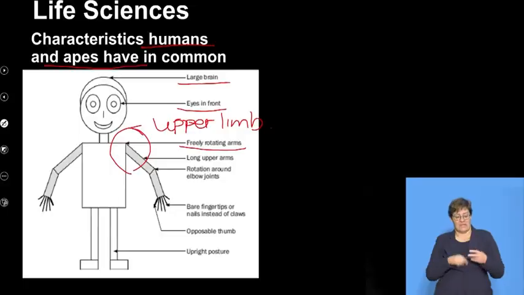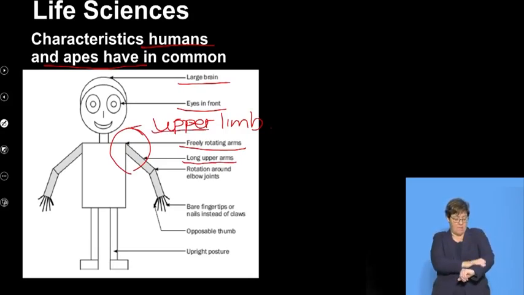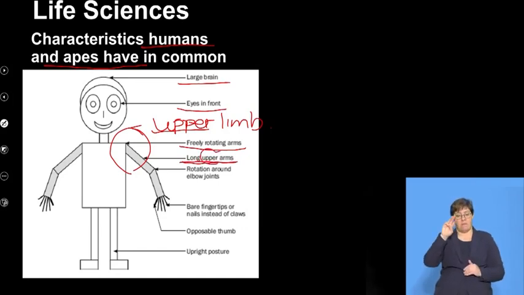Then the second point, and here we need to be specific, because the whole arm, including the hand, is the upper limb, but we're looking at only part of the arm, the upper arm. So we need to distinguish between that.